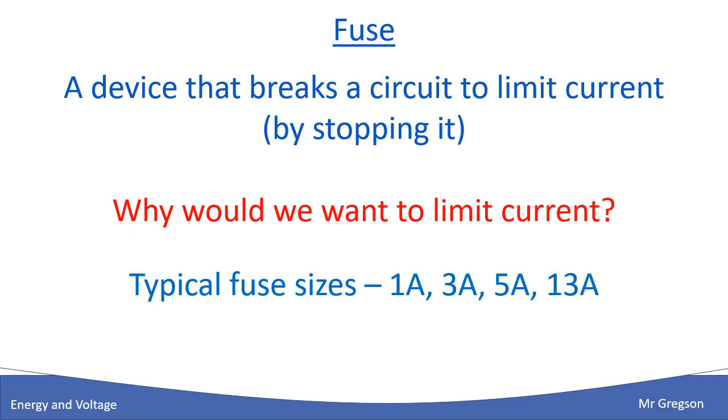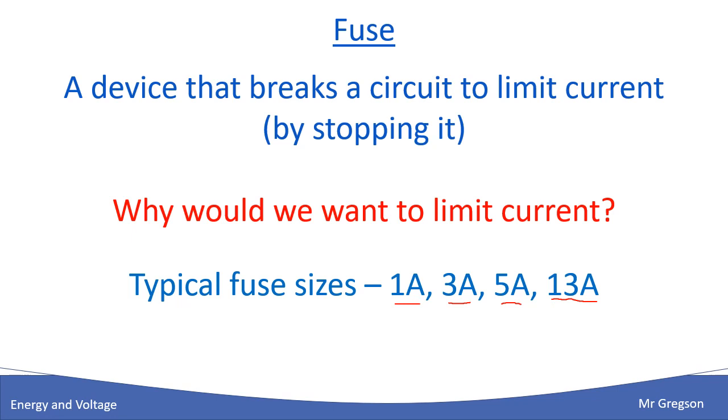They come in typical fuse sizes. If you were to start pulling fuses out of some of your appliances at home, don't do this, you would find in your bigger appliances, like a coffee machine or a kettle, a 13 amp fuse, so 13 amps of current. In your smaller things, you might find 3s and 5s.